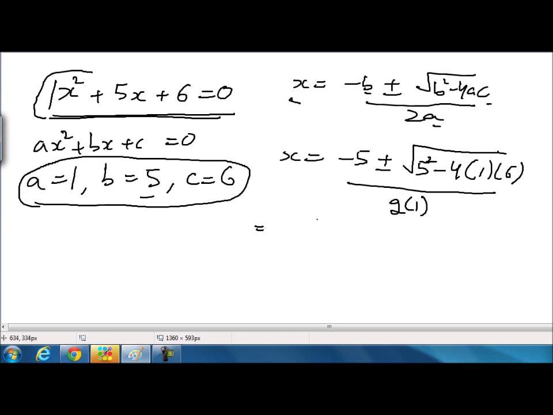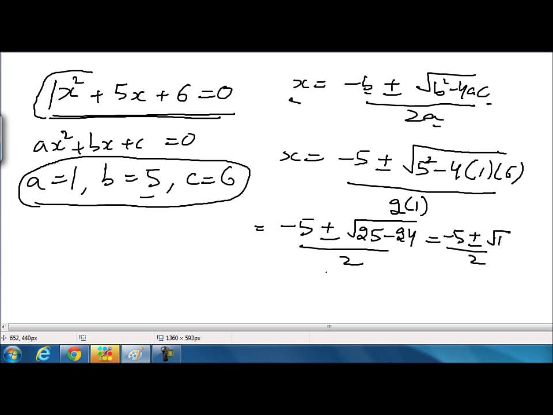So we get x is equal to minus 5 plus minus under root of 5 square, which is 25, minus 4 times 1 times 6, which is 24, divided by 2. That is minus 5 plus minus under root of 25 minus 24, which is 1, divided by 2.